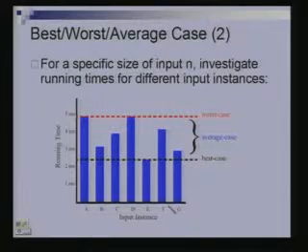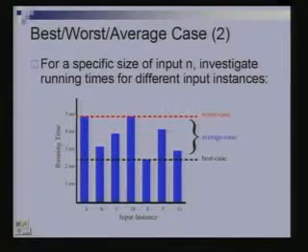Okay, so this is what I mean by best, worst and average case. I take the size of the input. Suppose I am interested in sorting n numbers, and I look at all possible instances of these n numbers, infinitely many. So again, it's not clear how exactly one would do that. So what is worst case defined as?